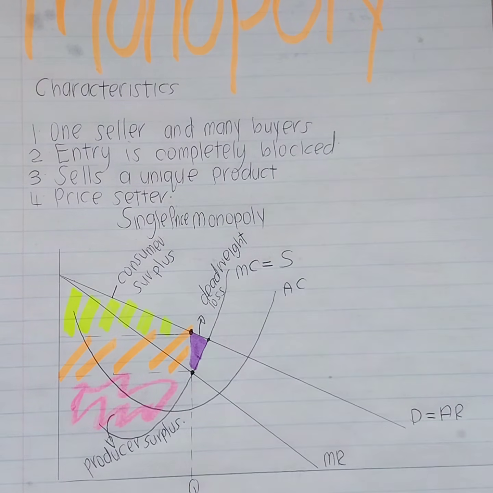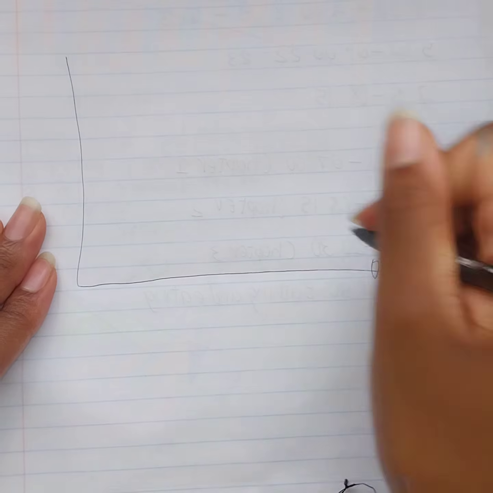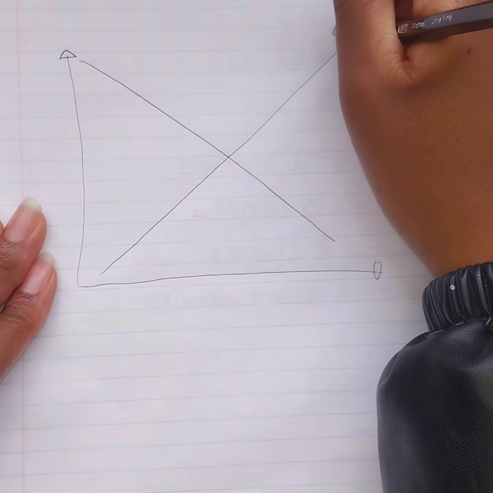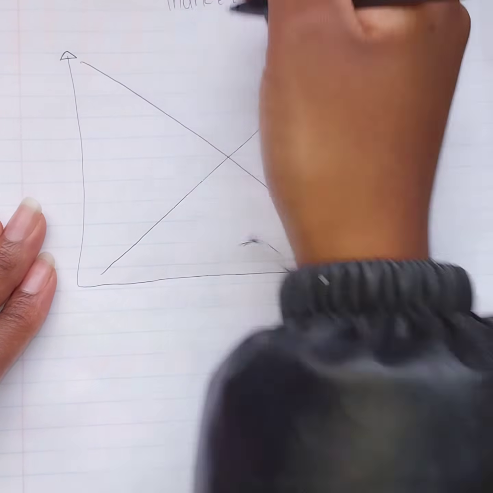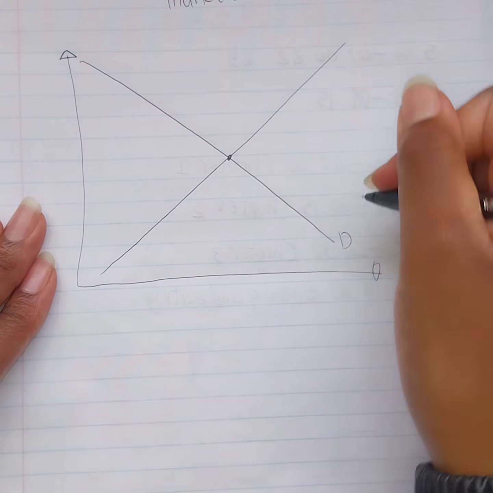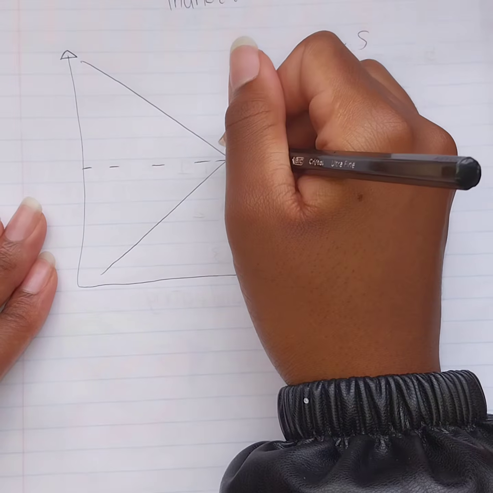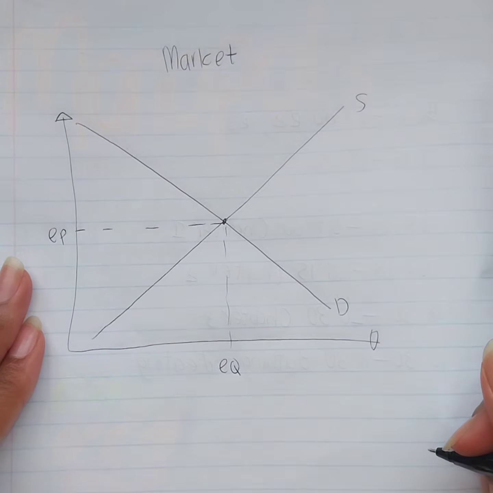Let's use a small sketch to understand this consumer surplus thing, because it is very important when it comes to your price discriminator monopoly. So let us say you have a perfect market, where the demand equals the supply. So this is the demand, this is the supply. So there you are, equilibrium price, equilibrium quantity, right?